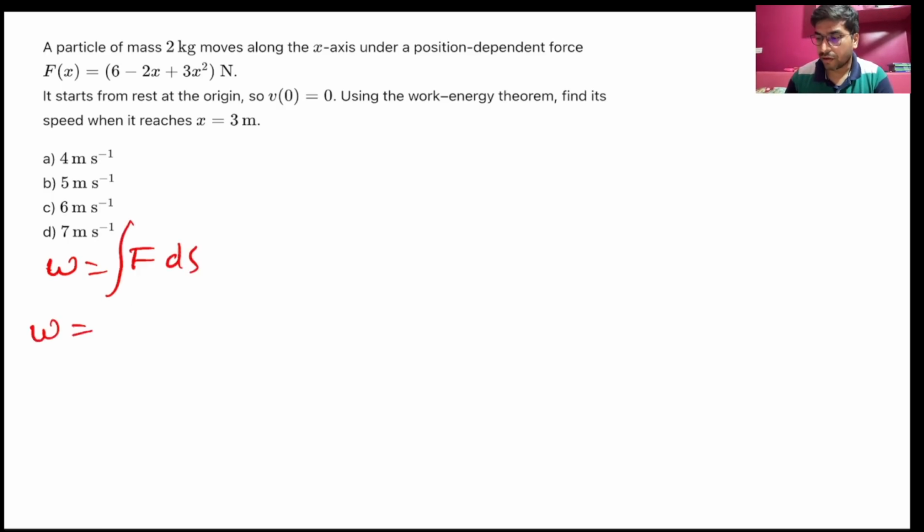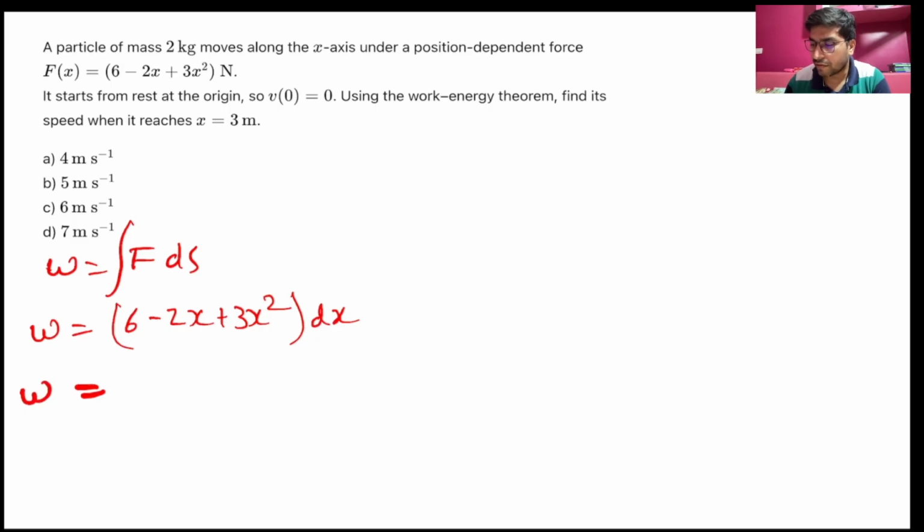So here work done on the object is equal to the integral of the force expression, which is given as 6 minus 2x plus 3x square, and displacement is given in terms of x. So in place of s we can write x, so this is dx. When we integrate, we will get what?